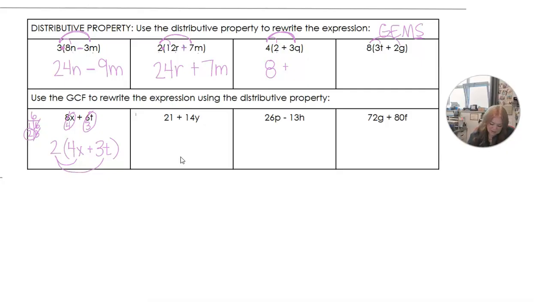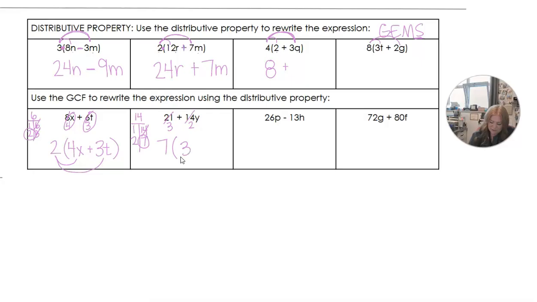Okay, we're going to list factors of 14, 1 and 14, 2 and 7. So we're trying to decide which factor 21 can be divided by. It cannot be divided by 14, but it can be divided by 7. So 7 is our factor. 21 divided by 7 is 3. 14 divided by 7 is 2.